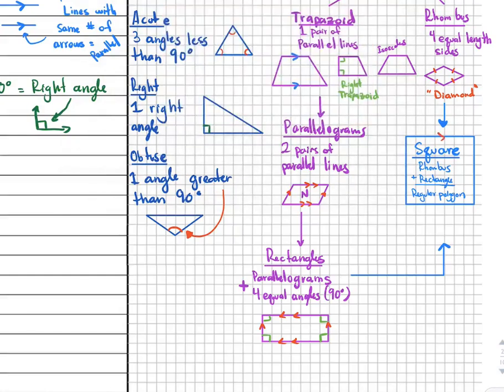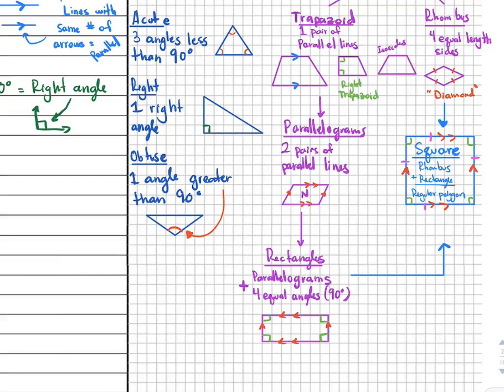Again, parallel lines and 90-degree angles. Now, I could mark these with a single dash so that they're all equal, but it gets a little crowded in there. There's a lot of things going on with that idea.